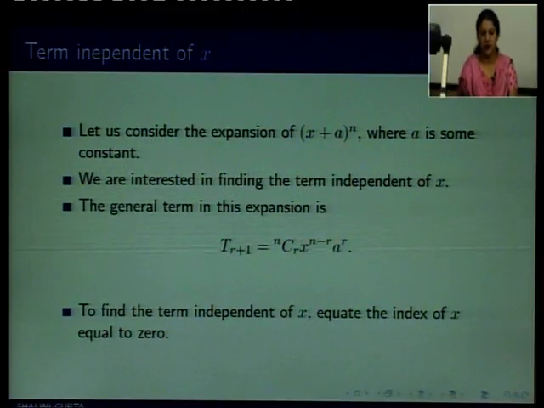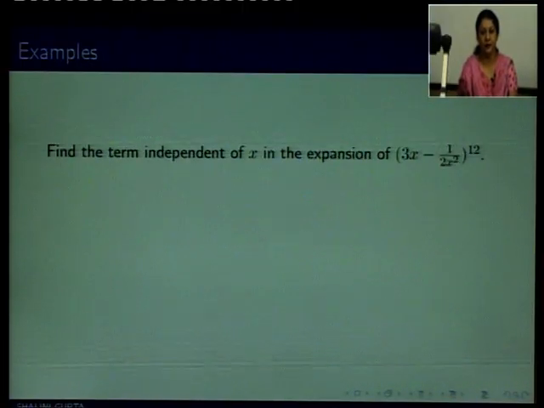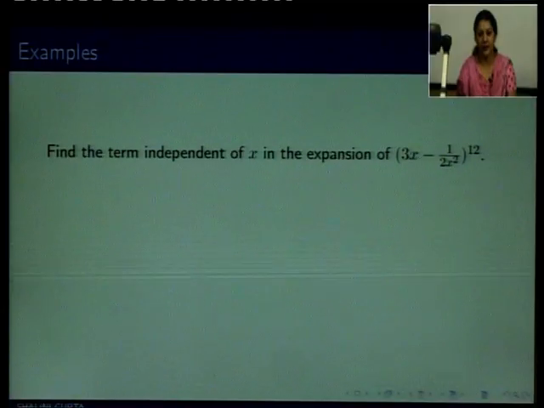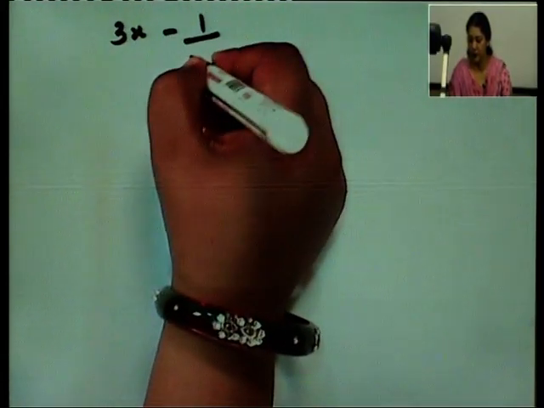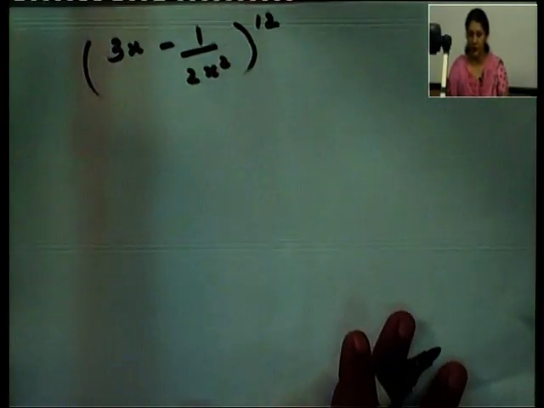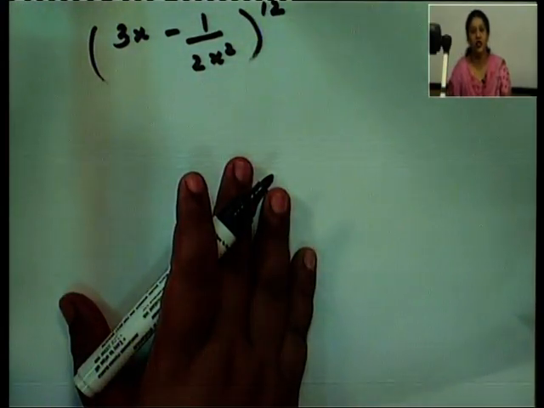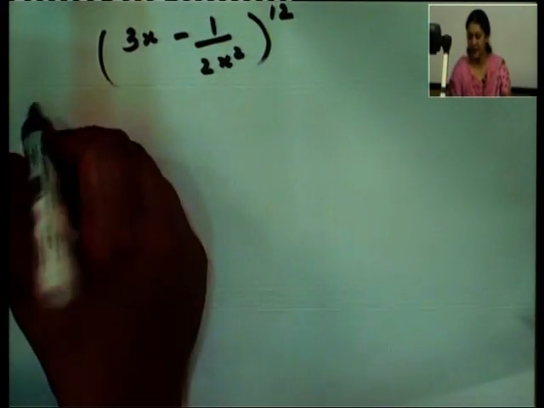Let us see it with the help of examples. Suppose we have to find the term independent of x in the expansion of (3x - 1/(2x^2)) raised to power 12. How will we find it? First we write the general term of this binomial expansion.